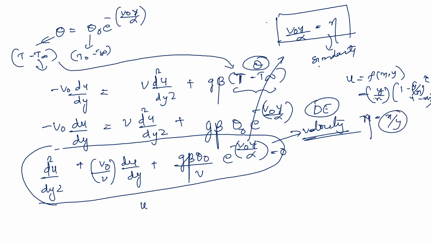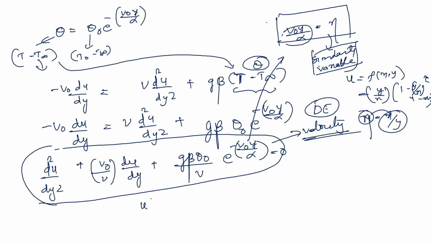So the two variables are removed and a third variable containing the two will be added. So such transformations are called similarity transformation, and eta is called a similarity variable.